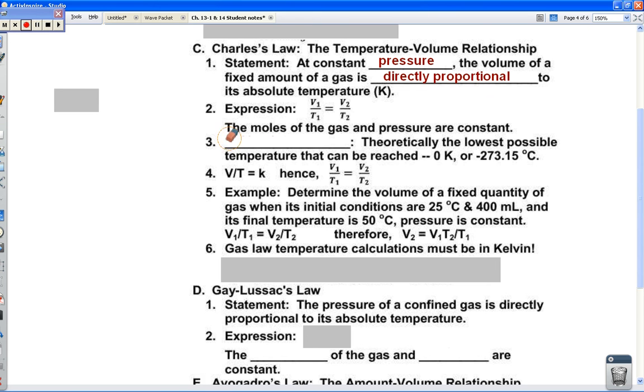This does, however, imply the idea of absolute zero. It was Charles that postulated that there would be a lowest possible temperature that can be reached.